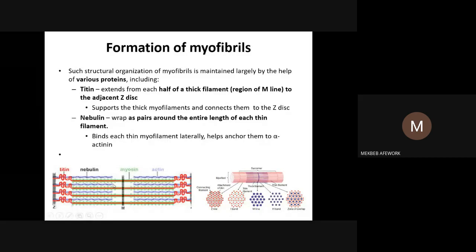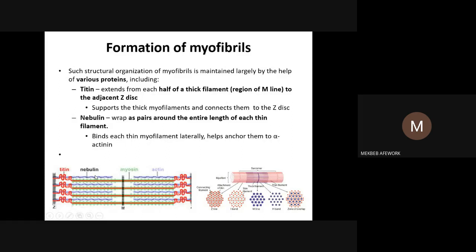This is a thick filament here, and these are thin filaments. This is the Z disc. This diagram is showing from one Z disc to the other Z disc. It is a sarcomere. So here you can see titin extending from the region of the M line, from the middle of the thick filament to the Z disc. So the thick filament is also anchored over the Z disc.